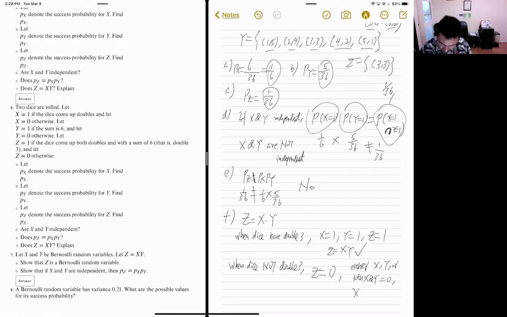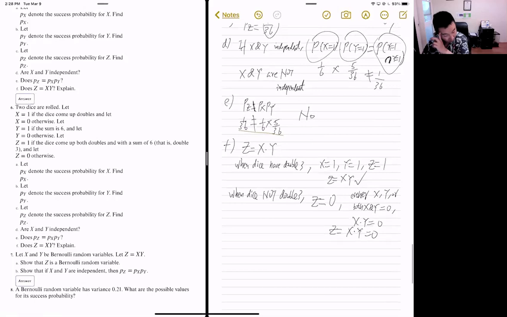As a result, x times y equals 0. So for all the possible scenarios, z is equal to x times y. So it's always true. So that's part F.